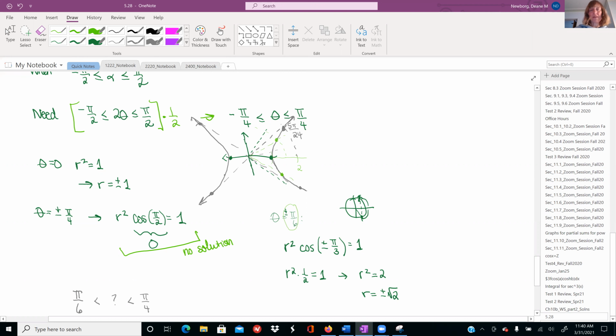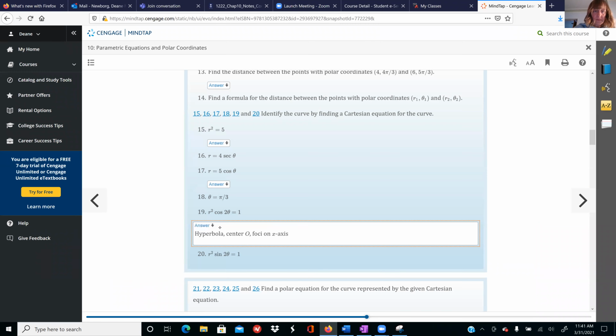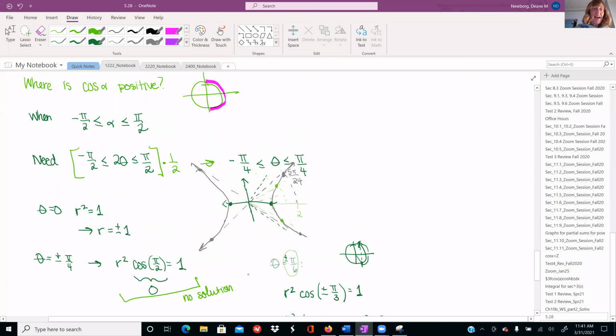Oops. Okay, let's go look and see what the answer is. Hyperbola. Center is the origin, foci on the x-axis. Okay, that makes sense because my hyperbola opened sideways.